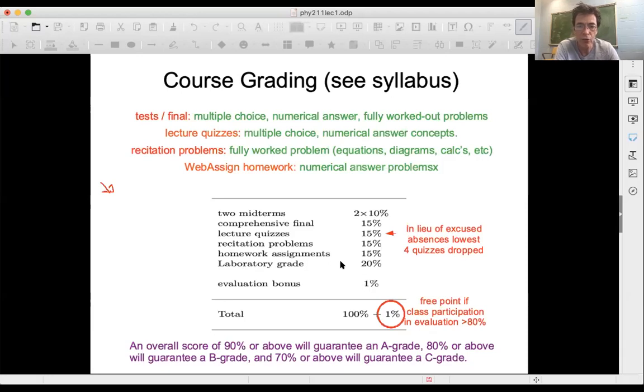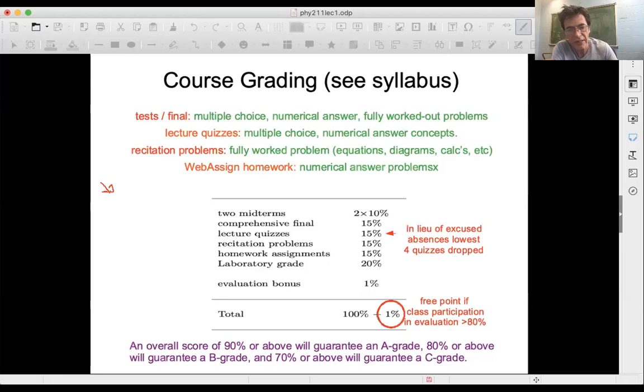So together, all those items will add up to 100% for your score. If overall you score 90% or above, that's an A grade, 80% or above, that's a B grade, and 70% or above, that's a C grade. So that's how the different assignments and grading are laid out.